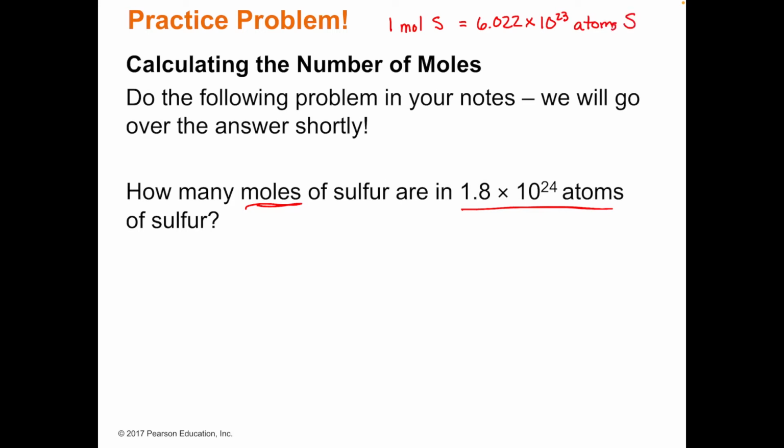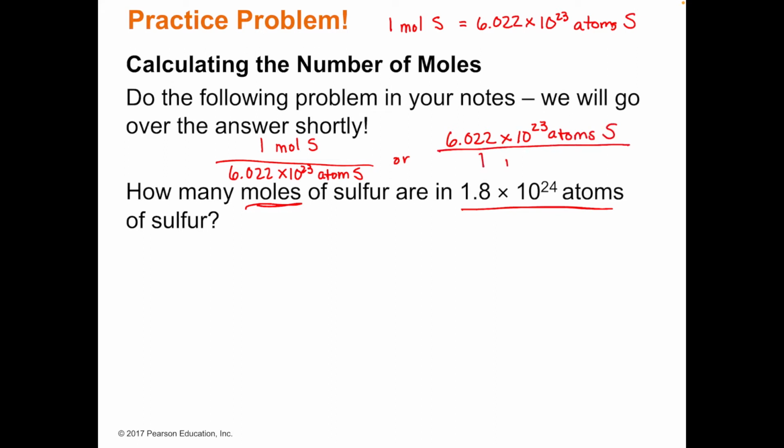Out of this equality, we can make two different conversion factors. We have 1 mole of sulfur over 6.022 times 10 to the 23rd atoms of sulfur, or we can say 6.022 times 10 to the 23rd atoms of sulfur over 1 mole of sulfur. So we'll see which one we need to use.